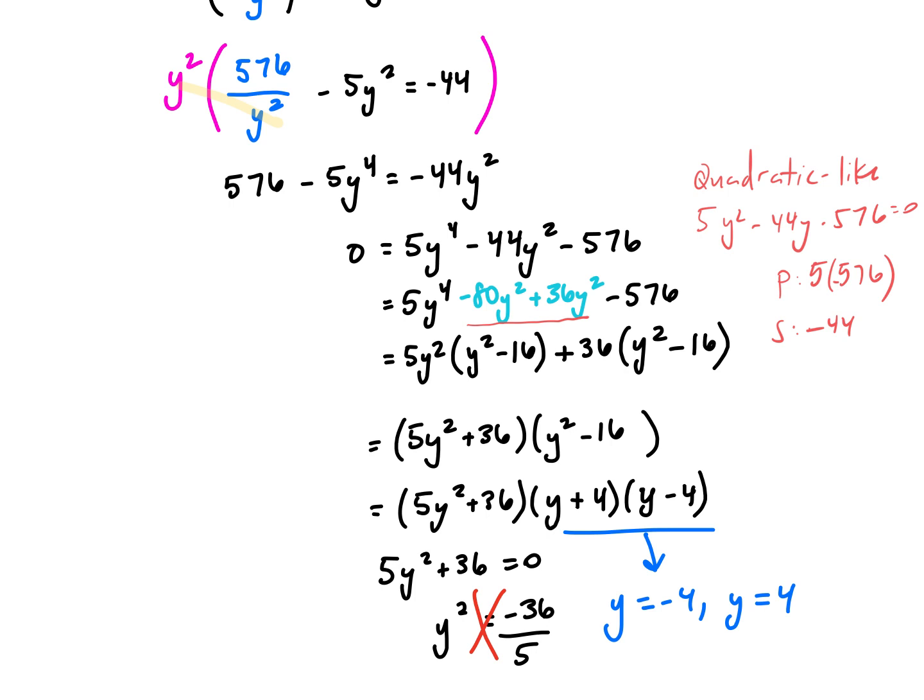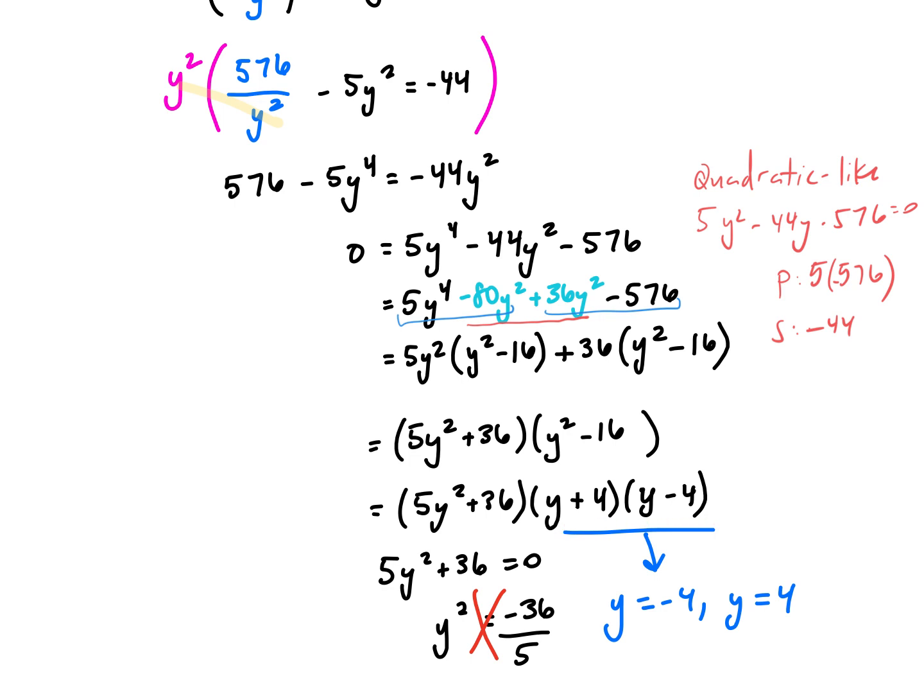But notice they are both y squared. So now we're just going to group them, right? First two, second two. And when we continue on, we'll end up with our two factors: 5y squared plus 36, y squared minus 16. Now, hopefully you recognize we can factor this further to y plus 4, y minus 4, okay?